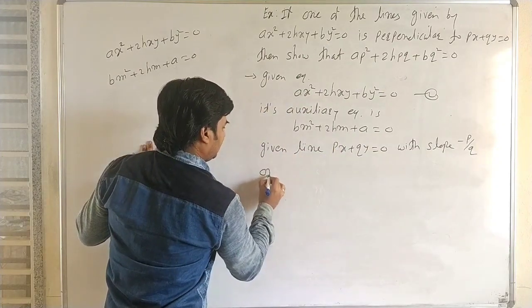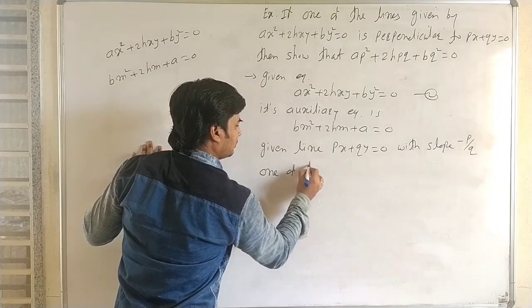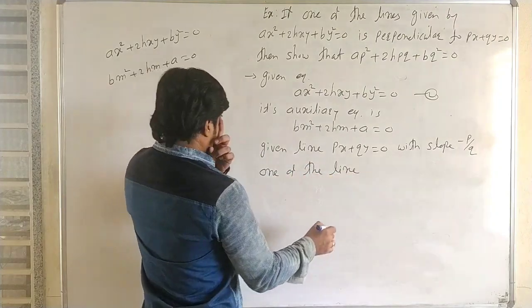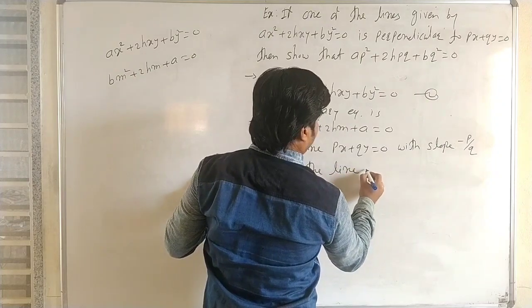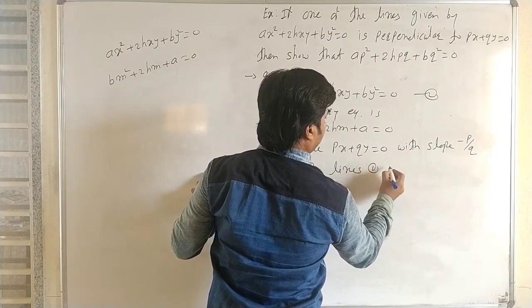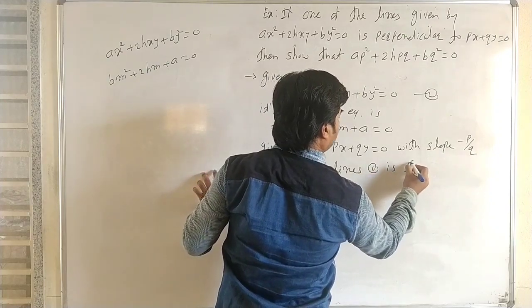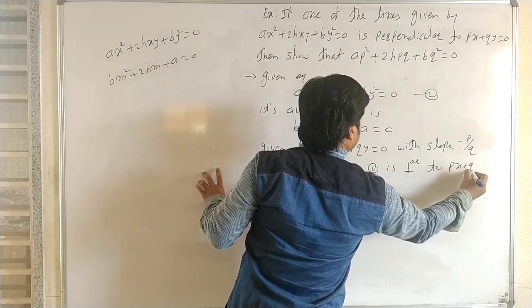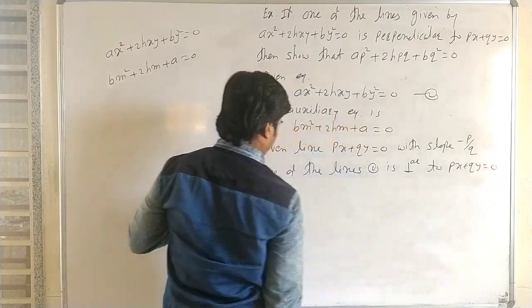It is given that one of the lines represented by this equation is perpendicular to this line, px plus qy is equal to 0.